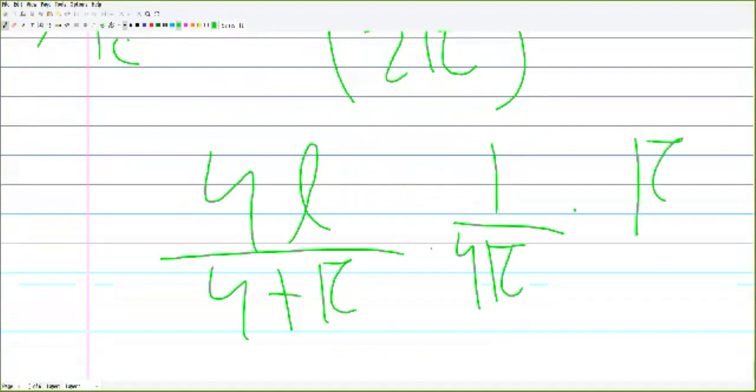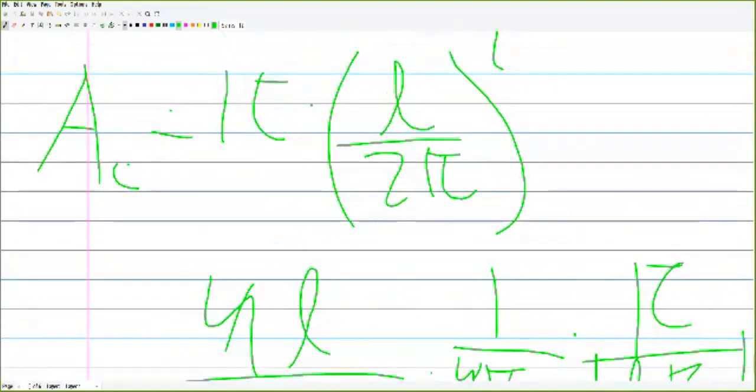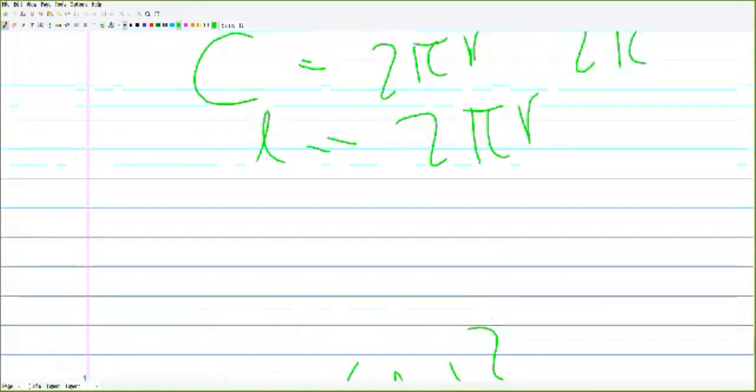And this will multiply by pi. So bam, L times pi, divided by 4 plus pi. That's the area, the maximum area. Yeah, that's it. So both answers are L pi over 4 plus pi, and the other one is 4L over pi plus 4.